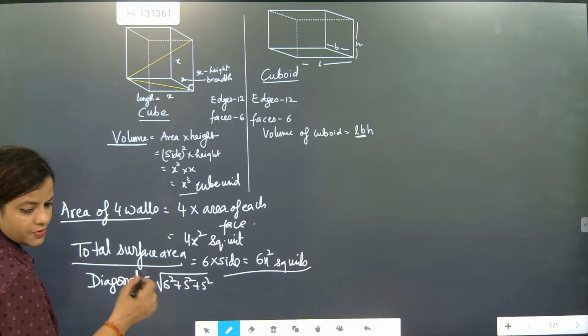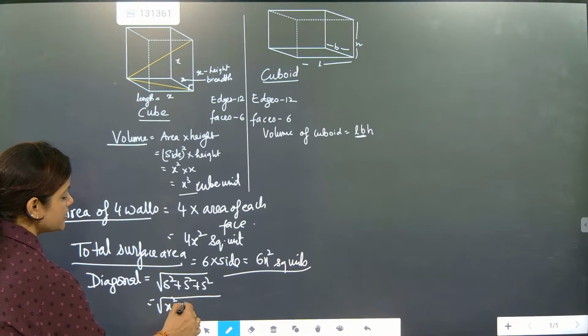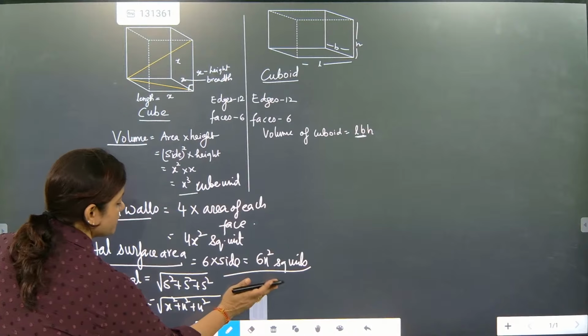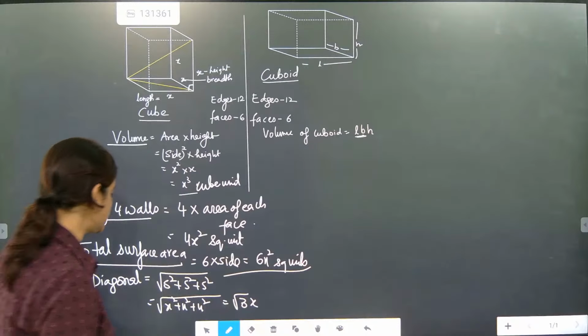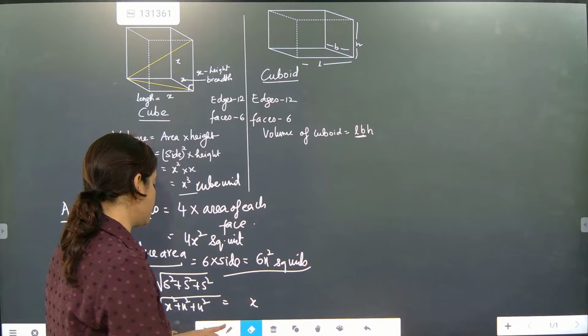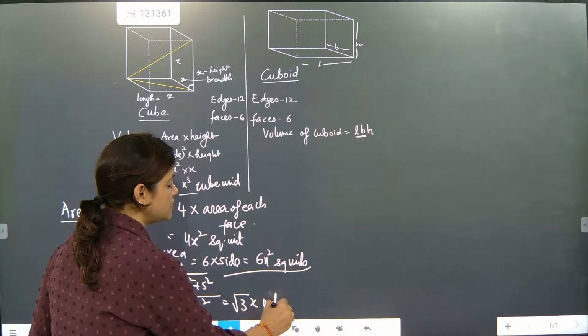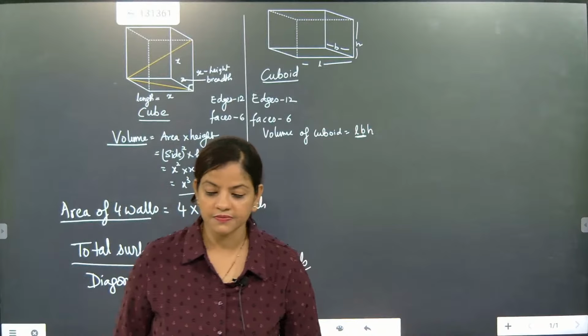So it will become x square plus x square plus x square, so it will become root 3x. Whenever you will be writing, this part will become x root 3 units. So this is the way to write the diagonals.